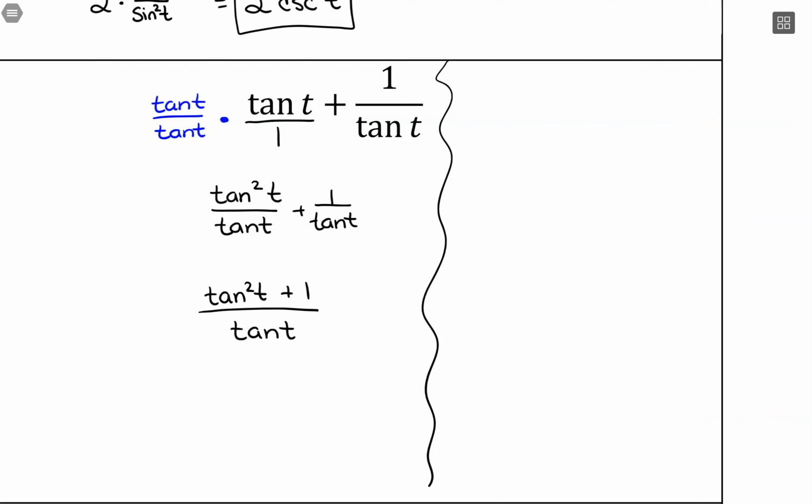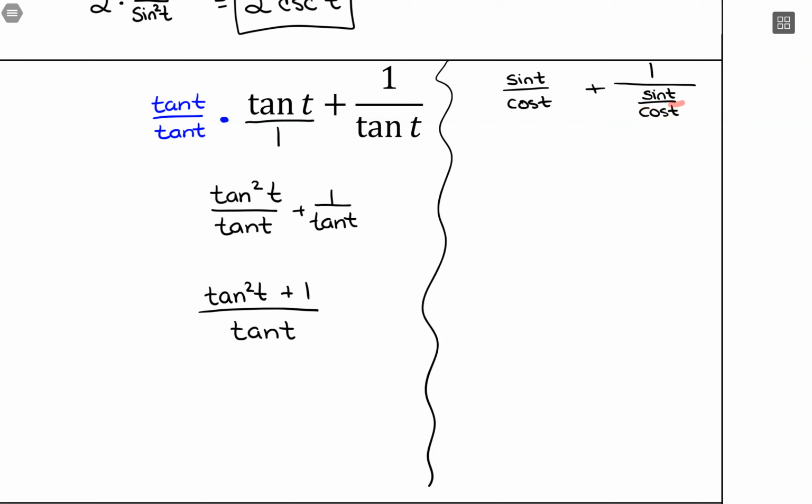So what I would do is where I saw tangent of t, that would be sine over cosine. And then plus 1 over sine over cosine. All right, complex fractions. This is something we need to review as well: what happens when you have a fraction within a fraction. And basically you look at the denominators.